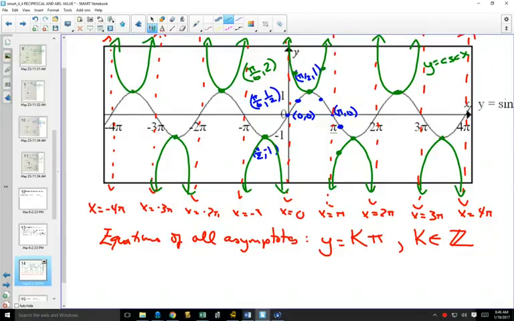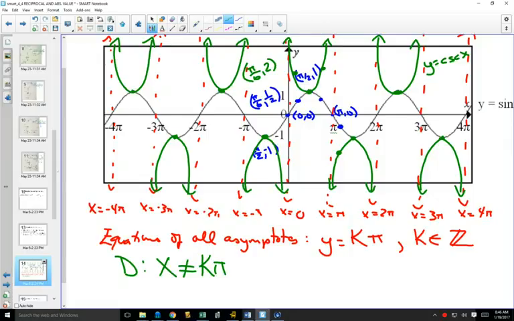So now if we look at our green graph, could you tell me the domain of our green graph? X cannot equal k pi. So everywhere we have an asymptote is a non-permissible value.